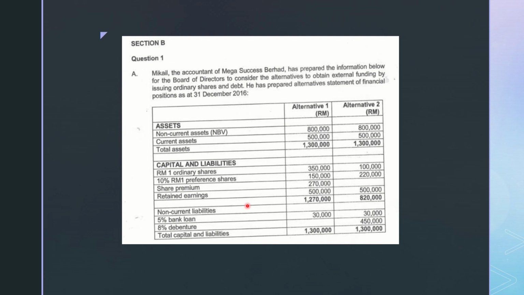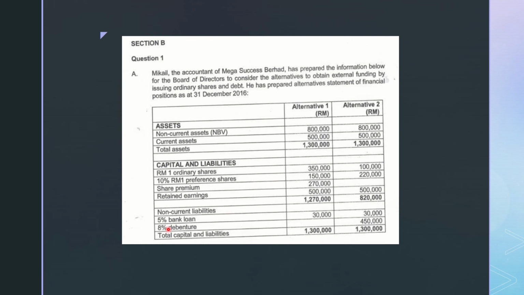So these items can be from preference shares, bank loan, and debenture. What are the things that we can classify as a current liability from preference shares? We have dividend from preference shares, right? So dividend payable can be one of the current liabilities.